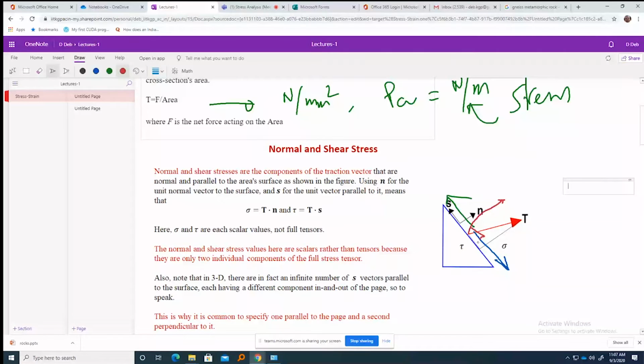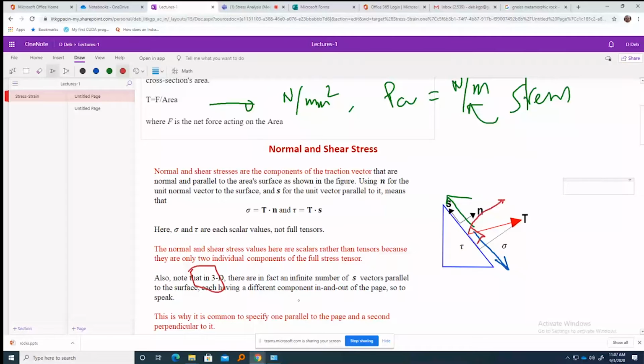Okay, now in 3D, there will be infinite ways this shear stress can be oriented along the plane. But we normally define then two perpendicular axes, and we take those two directions.